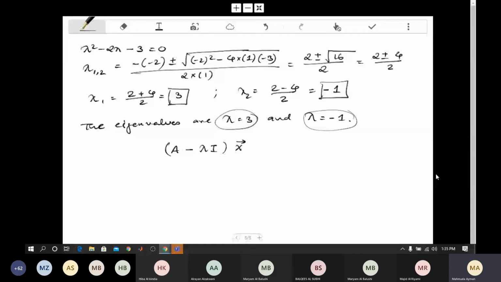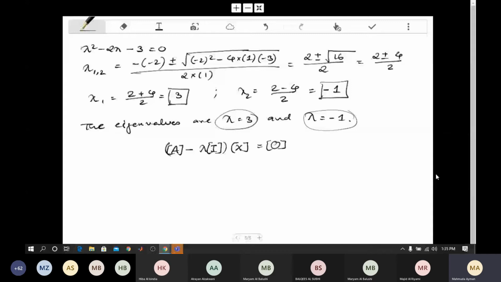I'm sorry if I present it in two different ways sometimes, because both are correct. I can write it this way, which represents a matrix and a vector, but I like to represent it the other way too. So this is equal to 0. All right, so this is the characteristic equation.